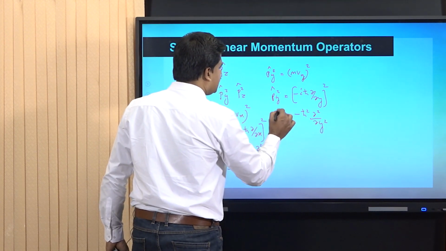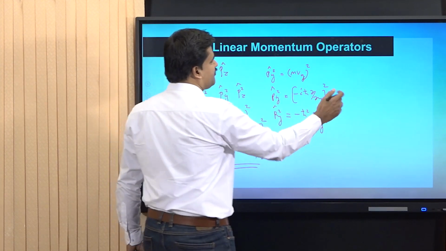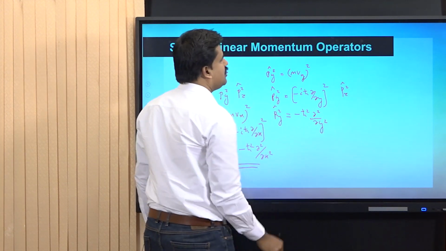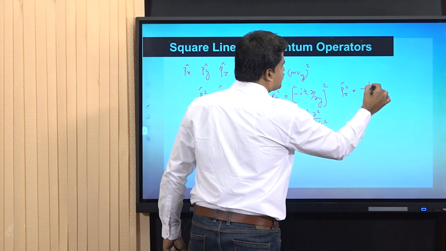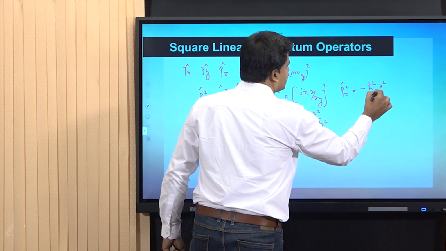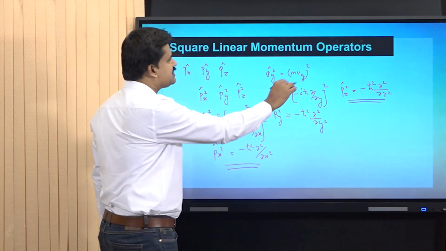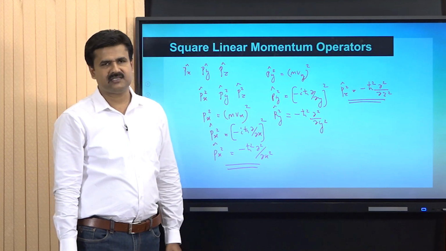This is Py square hat. Finally, on similar argument, we can also get expression for Pz square hat. Pz square hat will be equal to minus ħ square dou square by dou z square. So, these are three square linear momentum operators.